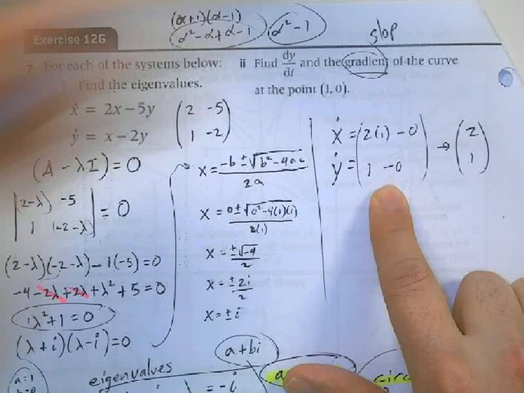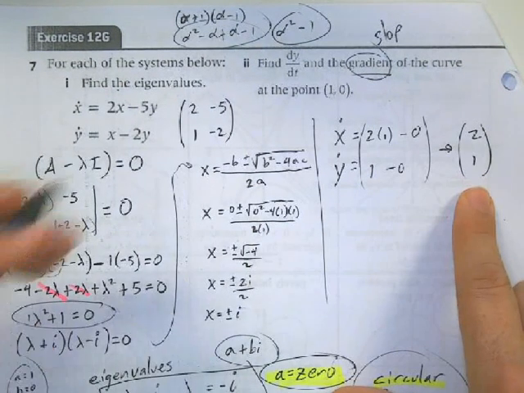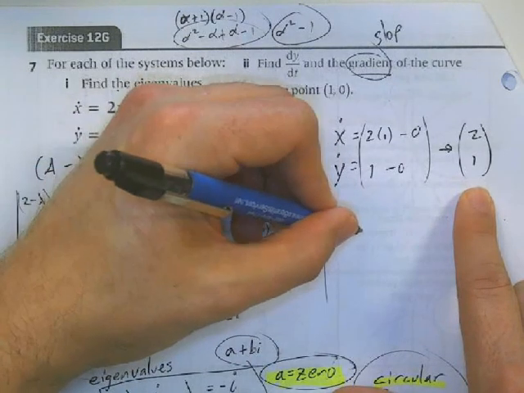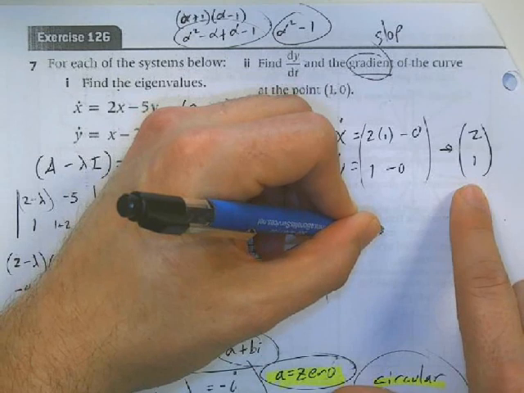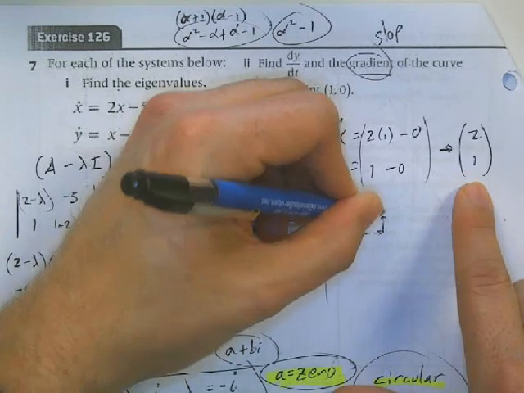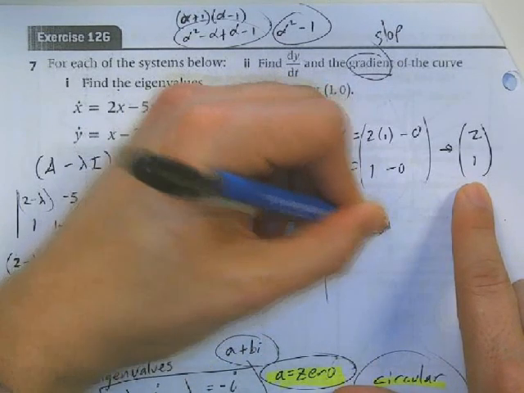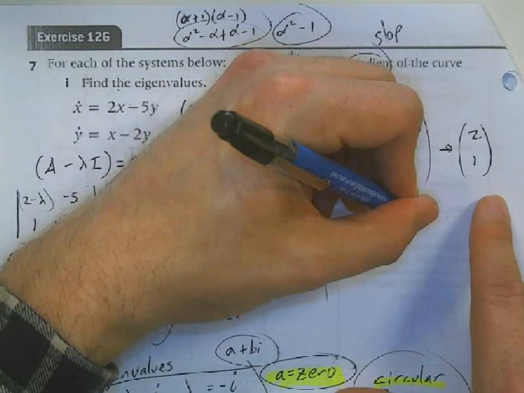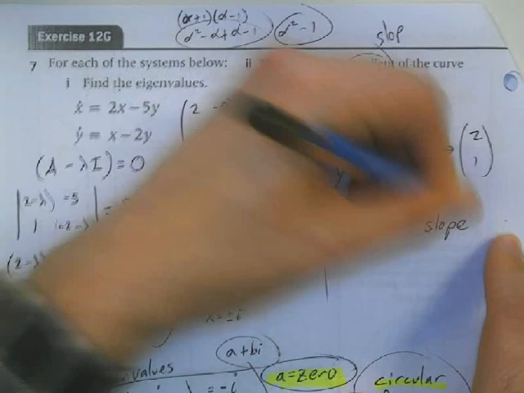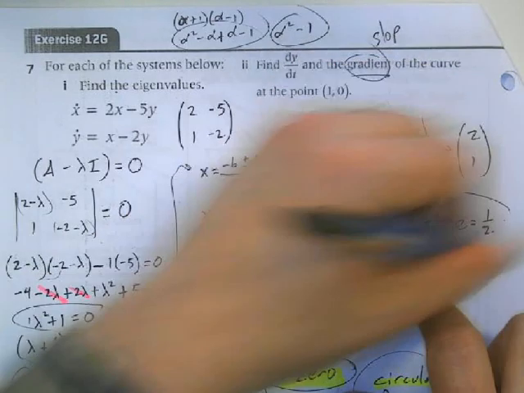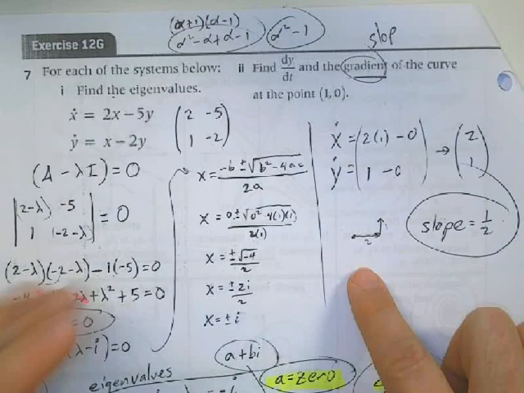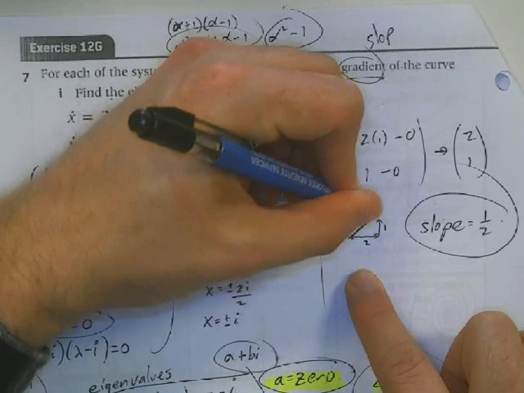So if my direction is 2, 1, that means in the x direction I go 2, and in the y direction I go up 1. And so my slope is 1/2, and my direction is this direction.